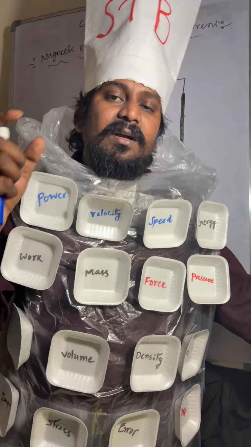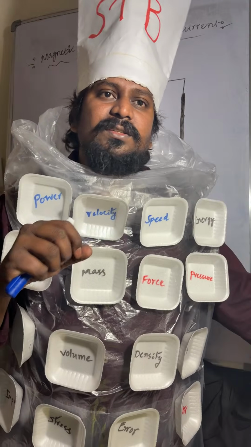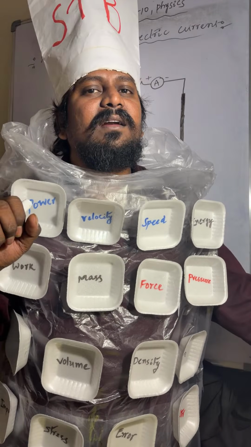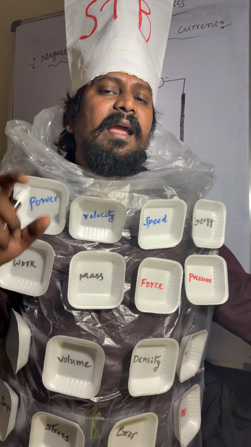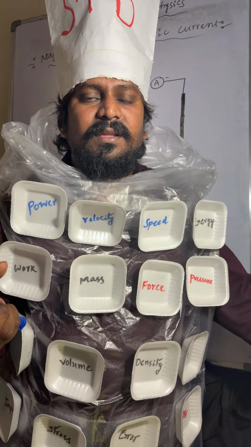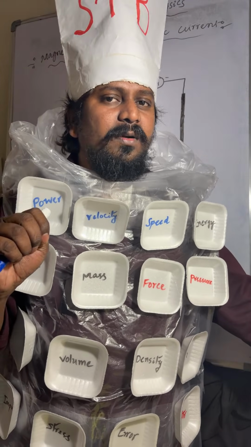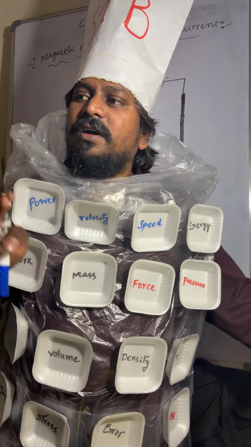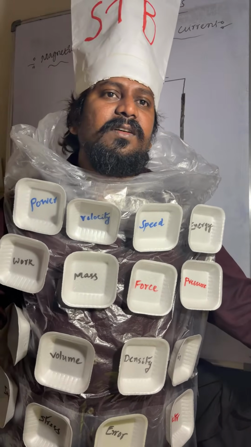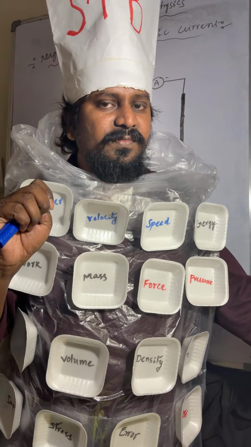Why? In the compass, a magnetic needle is there. When current is passing through the conductor, it also acts as a magnet. As we know from magnetic properties, north and north repel, south and south repel, north and south attract, south and north attract. I hope it is very clear.